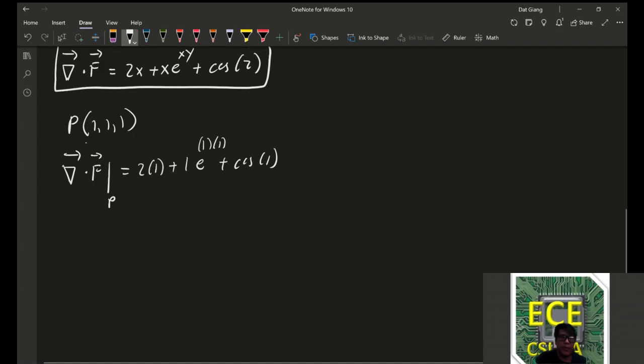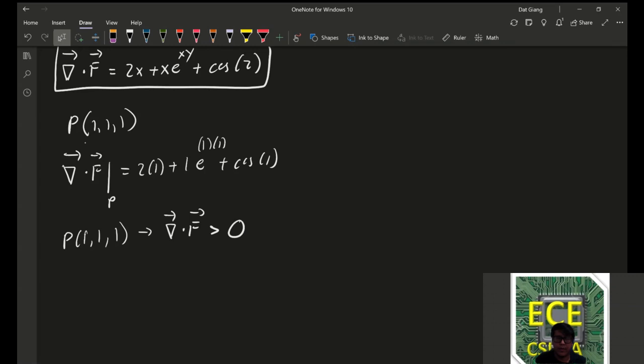Now, at point 1, 1, 1, and this is an arbitrarily chosen point, we can see that the divergence, looking at it term by term, is going to be greater than 0. So as such, this point is a source point, or I should say sourcing.